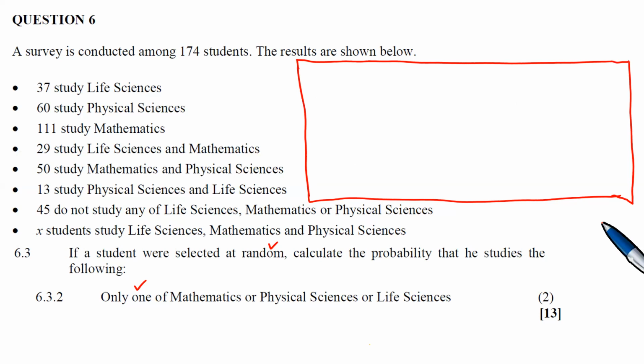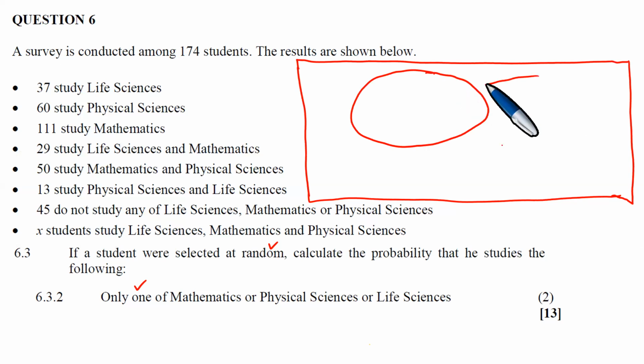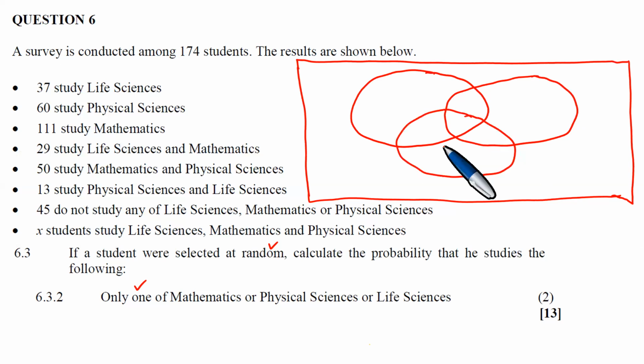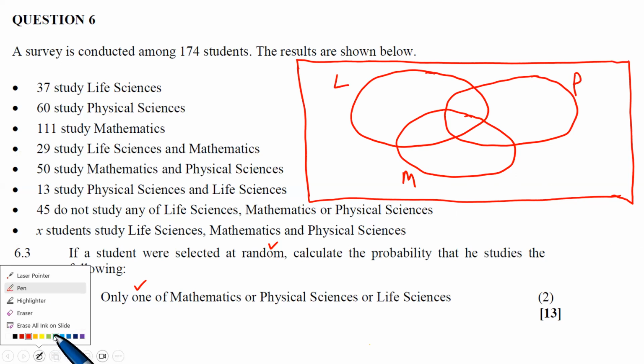Remember, I make this oval because it makes it easier to put much information in the events, in the event spaces. So this one is life sciences, this one is physical sciences, this one is mathematics.